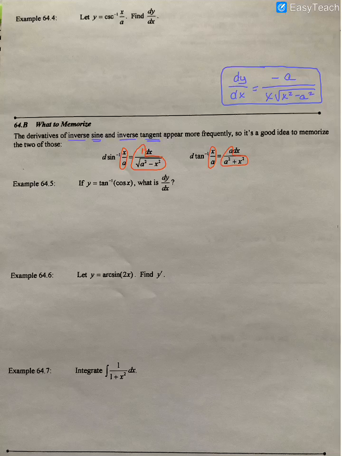So let's look at example 5. If y equals tangent inverse of cosine x, what is dy/dx? So of course we're being asked to find the derivative of, notice what is my main function, and my main function is tangent inverse. Now, what is the insides?